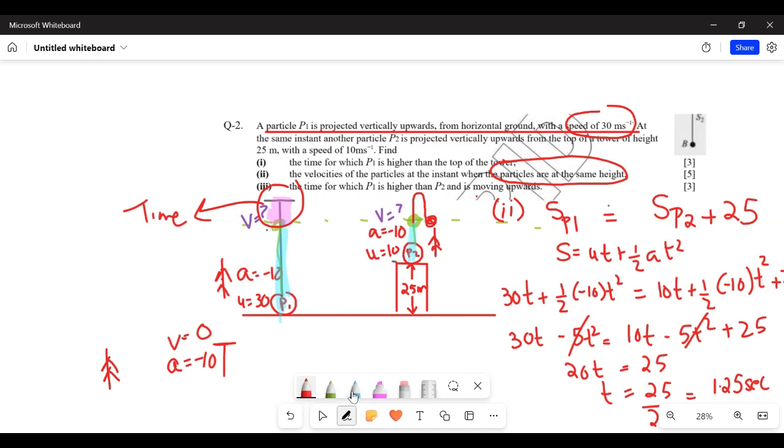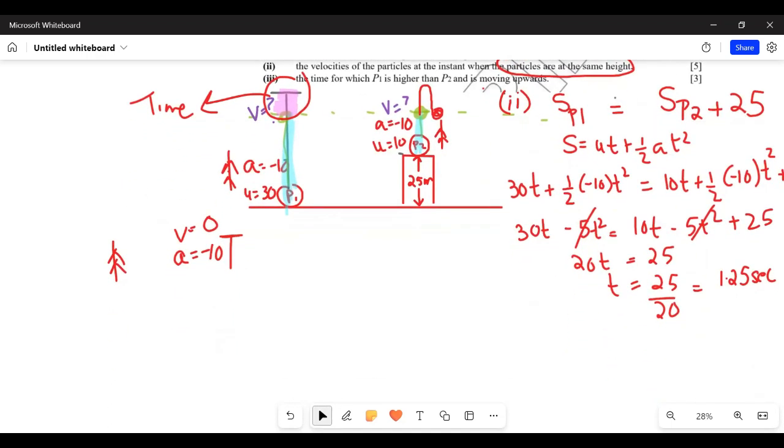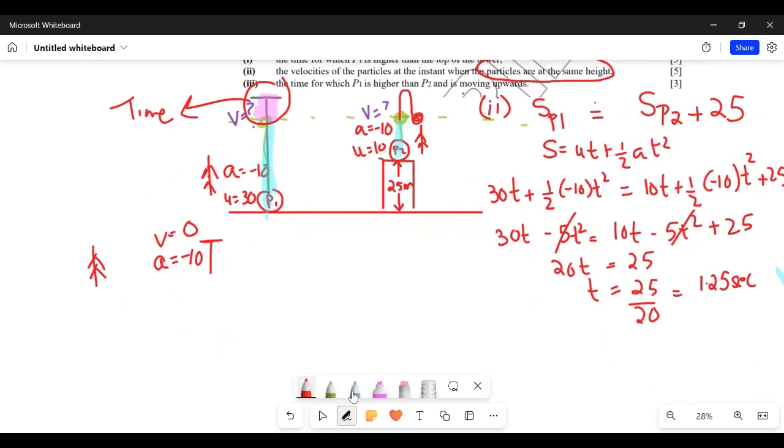Give me a second. Okay, let's find the time at which this particle reaches its maximum height. So I'm doing the working for part 3 here.